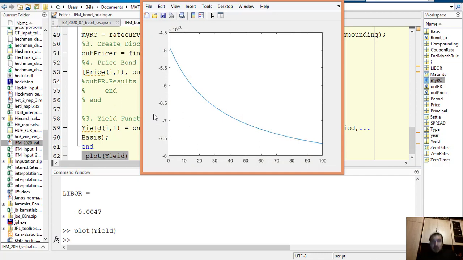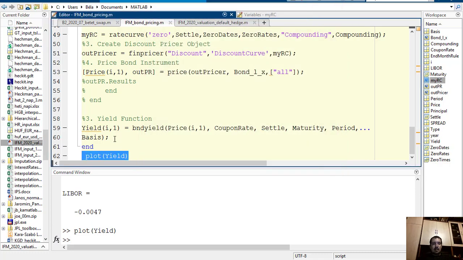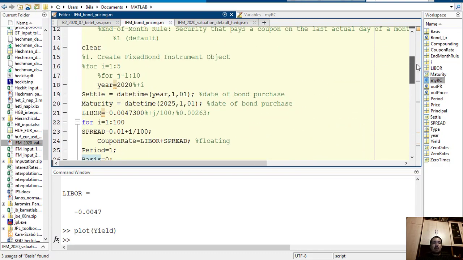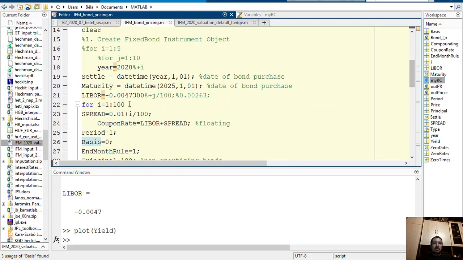Now it remains the same, so actually it's hard to say. Basis, yeah. Okay, so we were able to see what is happening from the investor point of view.